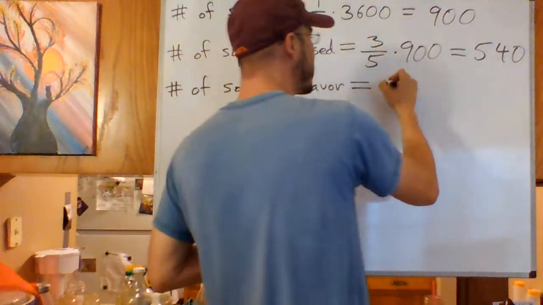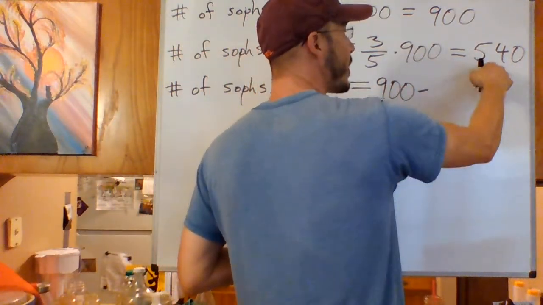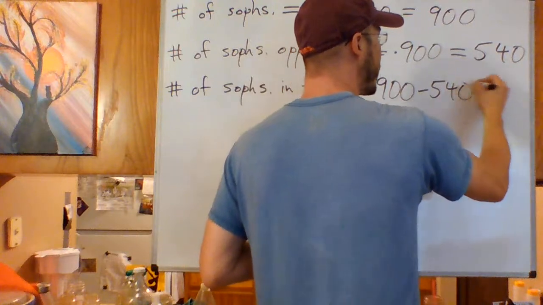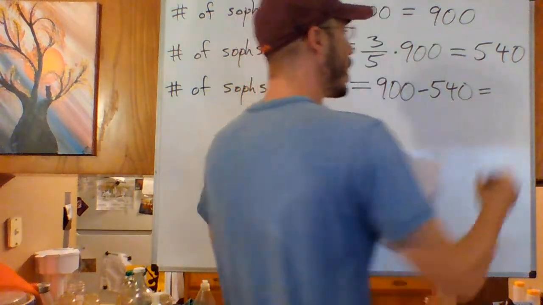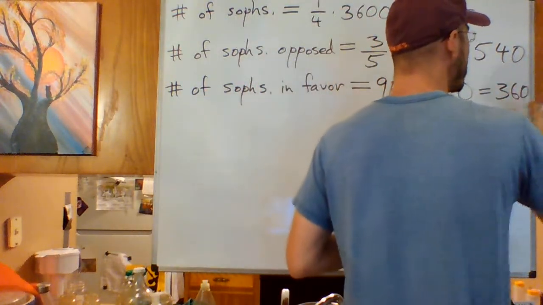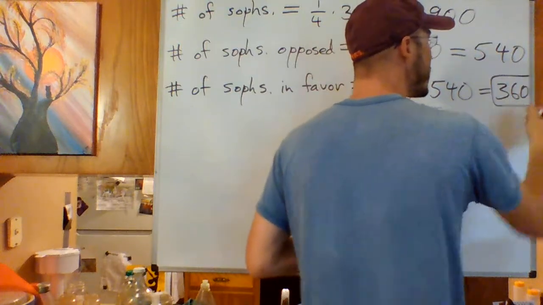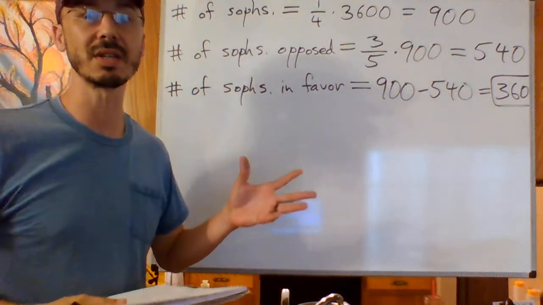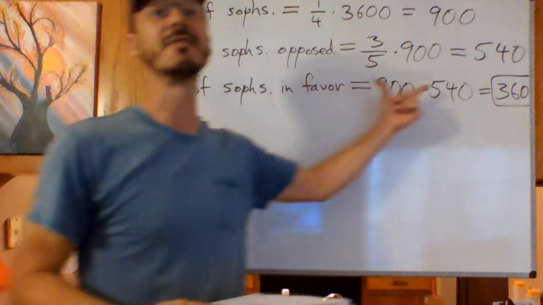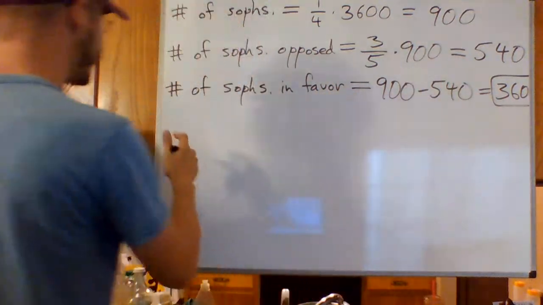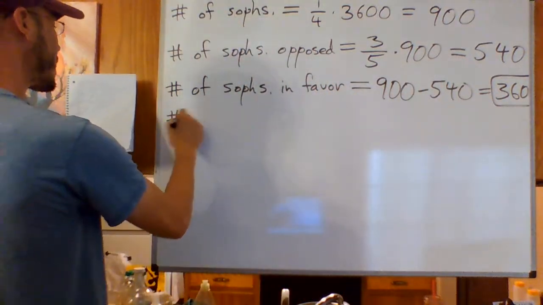Well, there's 900 altogether, and 540 are not in favor. So 360, and this is what I'm going to come back and use shortly. 360 sophomores are in favor of the club. They want to have the club.